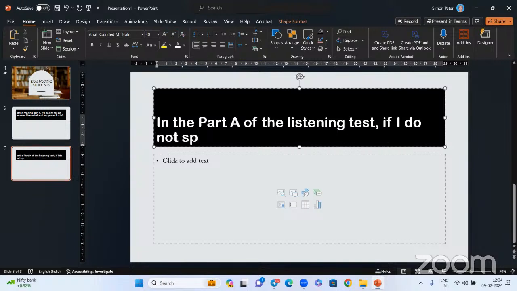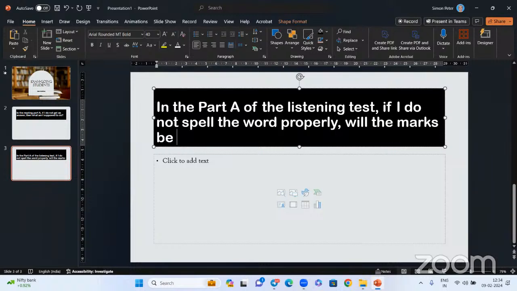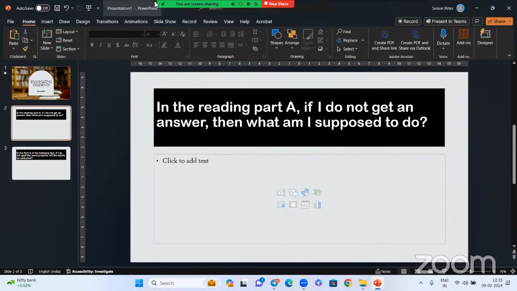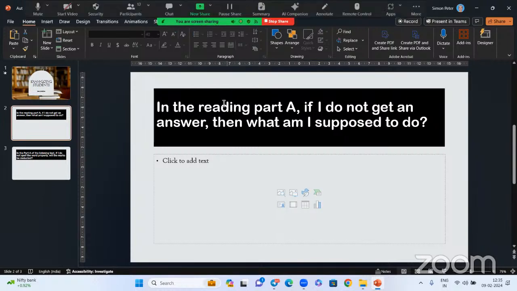Spell the word properly, will the marks be deducted? Yes, sir. Okay. So these are the two questions asked by Kiran Kaur.